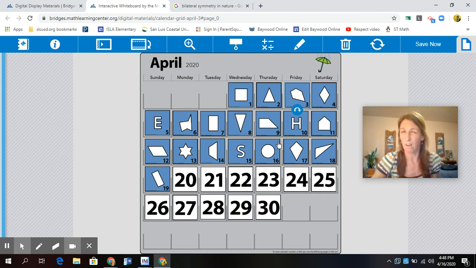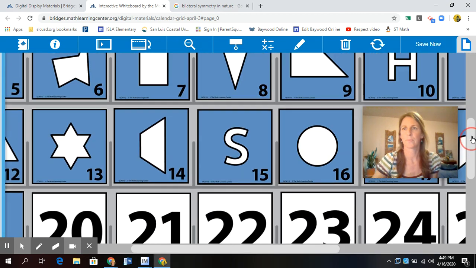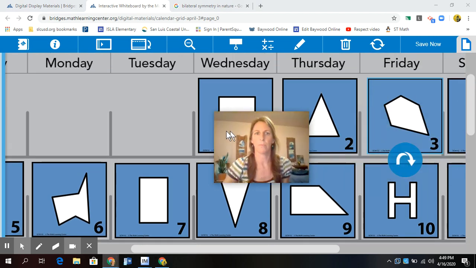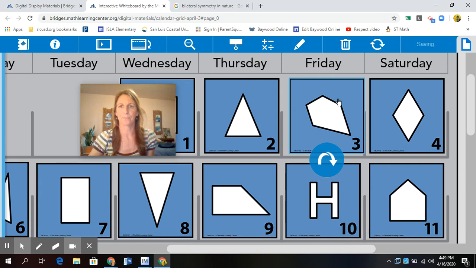It's a little small for me to tell, so I'm going to make this bigger. So here's this shape. It looks like it might be symmetrical, but you can't really tell for sure unless you can draw a line through it and have both parts be exactly the same.